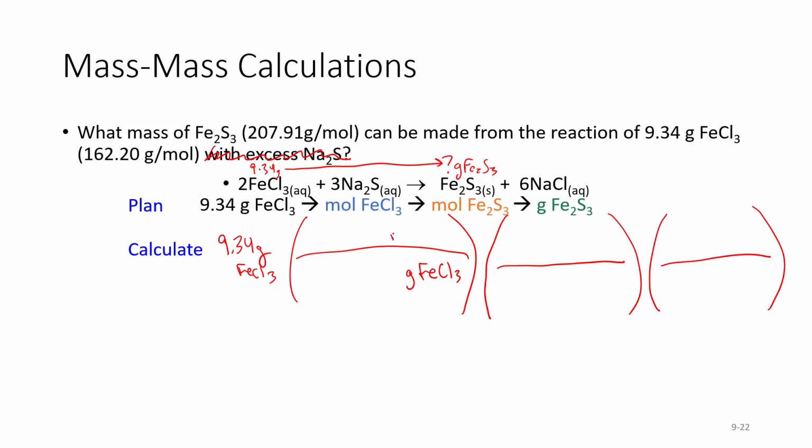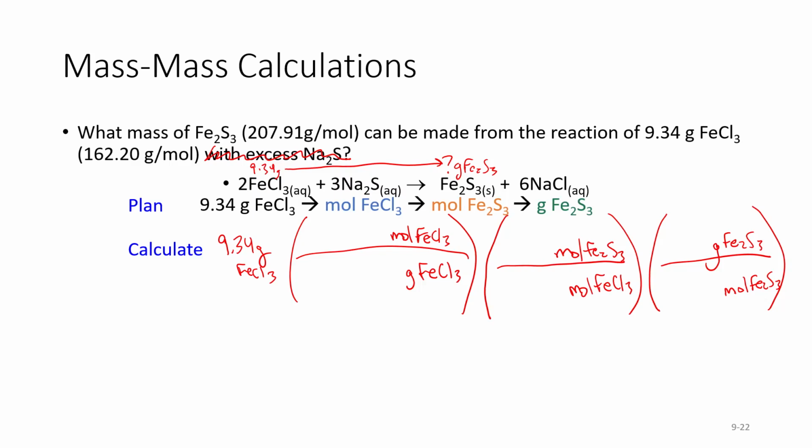So we're going to go to moles of FeCl3, and then we can go from moles of FeCl3 to moles of the new substance, moles of Fe2S3. From moles of Fe2S3, we can get to grams of Fe2S3, and that's where the problem wanted us to end.